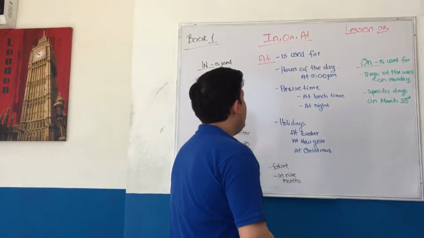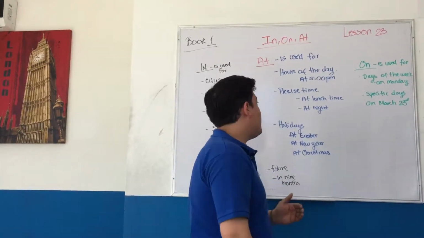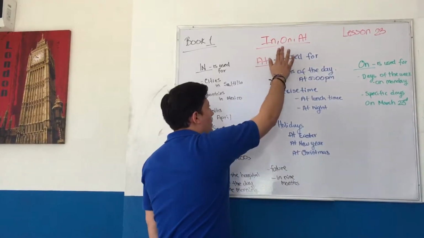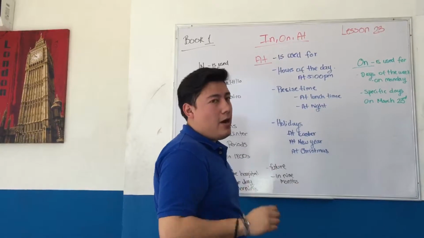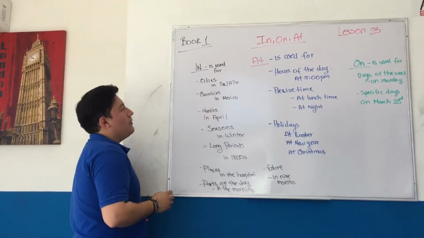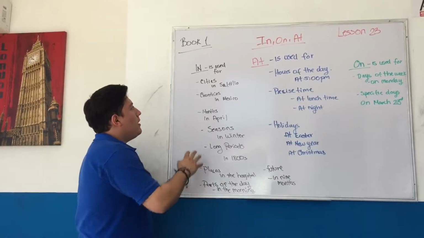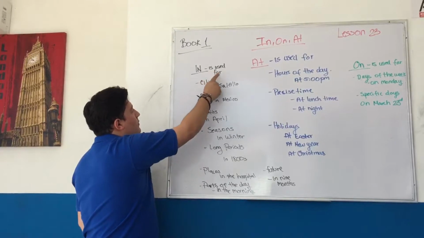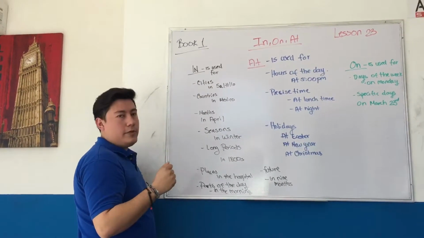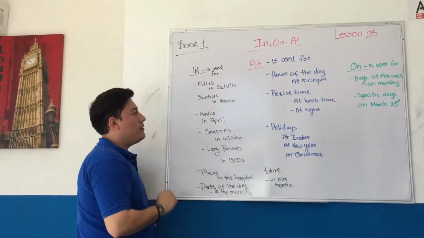Okay, lesson 23, the use of in, on, at. In this lesson, we're going to see the correct use of these words, in, on, at. Okay, let's start explaining the use of in. In is used when we talk in general about, for example, cities, in Saltillo, countries, in Mexico, months, just months, in April.